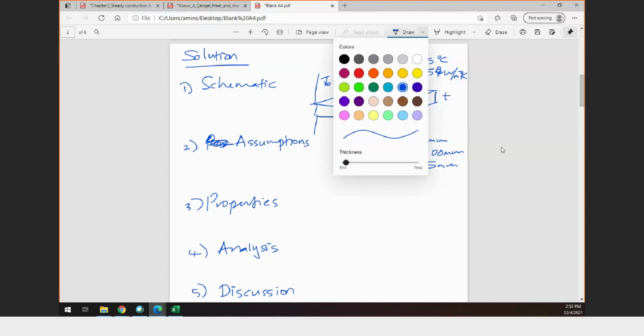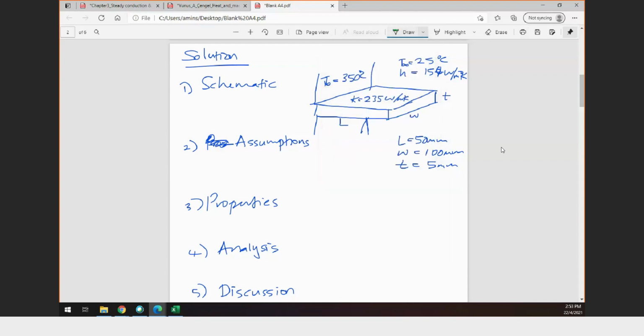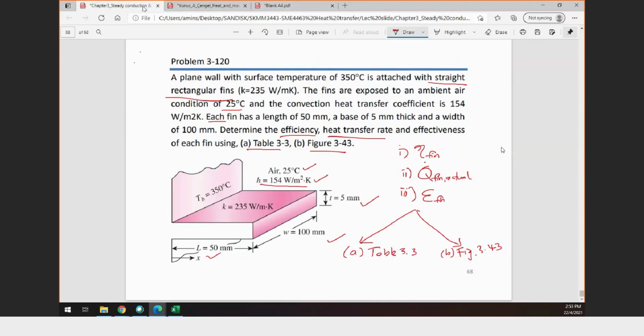So what kind of assumption is required in this case? From the problem, a plane wall with a surface temperature, exposed to the surroundings, so in this case normally we use steady state condition.